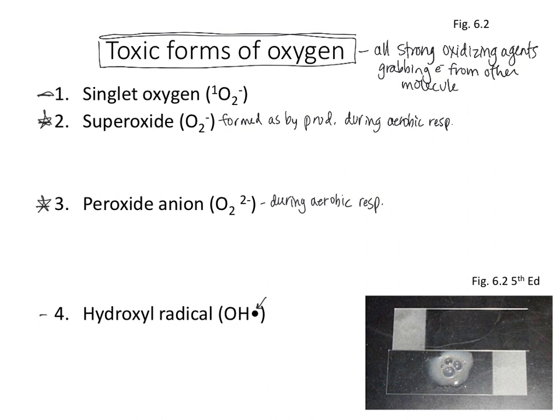So when they tear off those electrons from other molecules, they're causing all kinds of damage in the cell. So organisms have to have a way to deal with especially the superoxide and peroxide anion. They do that by being able to synthesize an enzyme that detoxifies them.